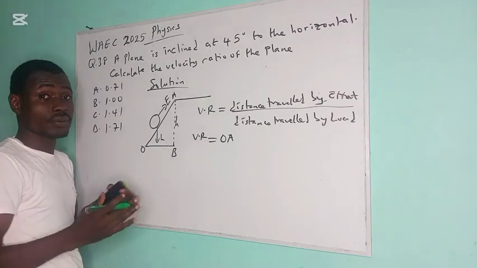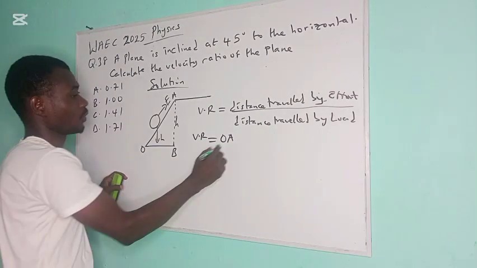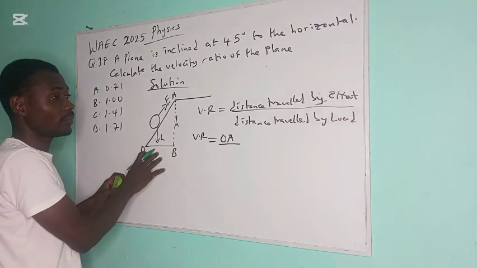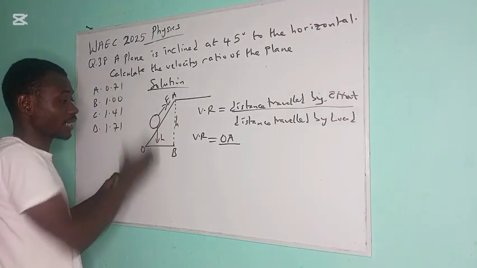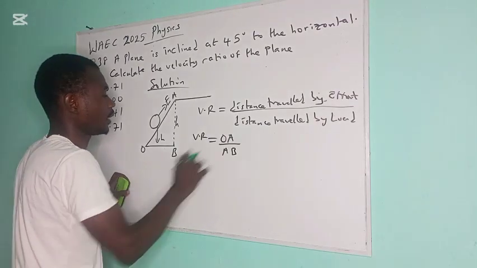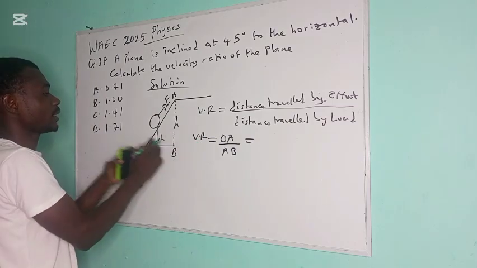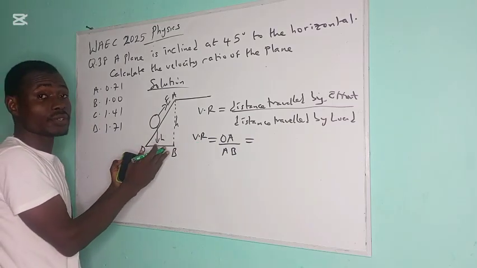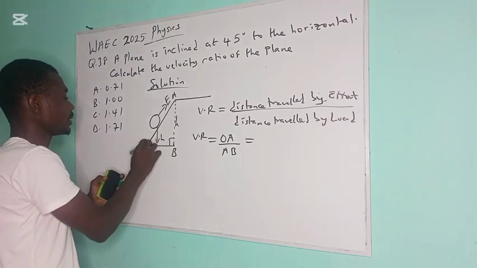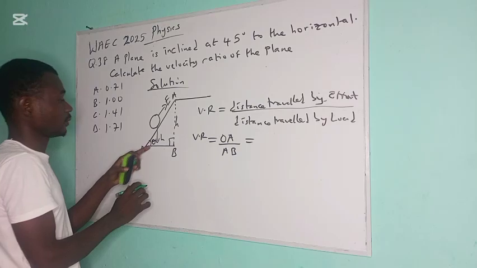I'm just trying to prove it. Over the distance traveled by the load. The load is acting vertically, so that is AB. Now, looking at this in trigonometry, this is the inclined angle, theta.